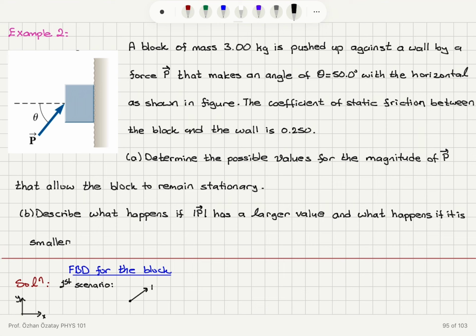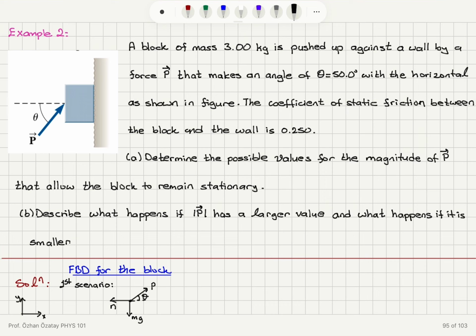The wall exerts a normal force N on the block. And let's say that the force P is quite high, so it's trying to push this up the wall, so the static friction Fs is going to point down. So this is my first scenario.